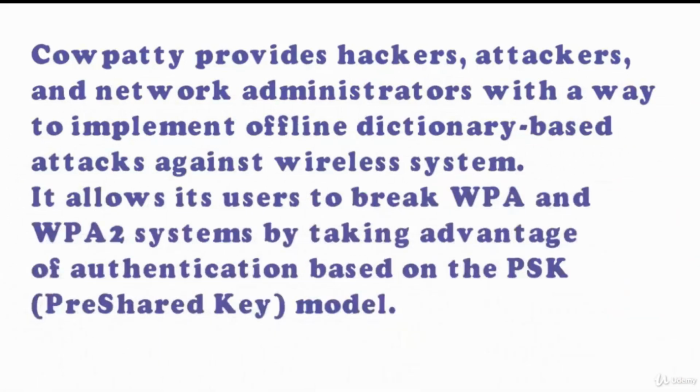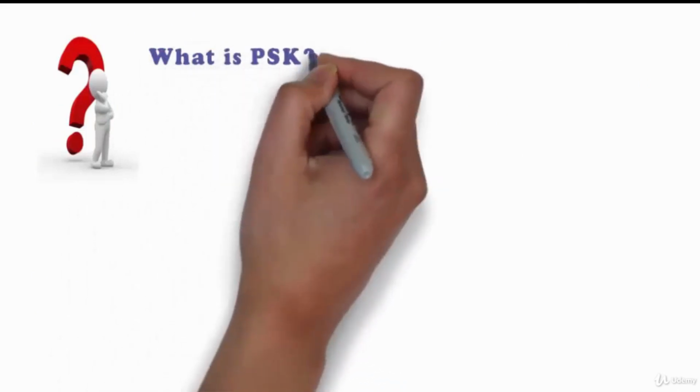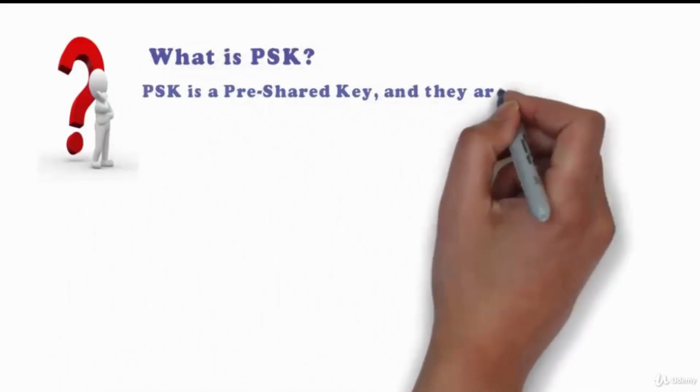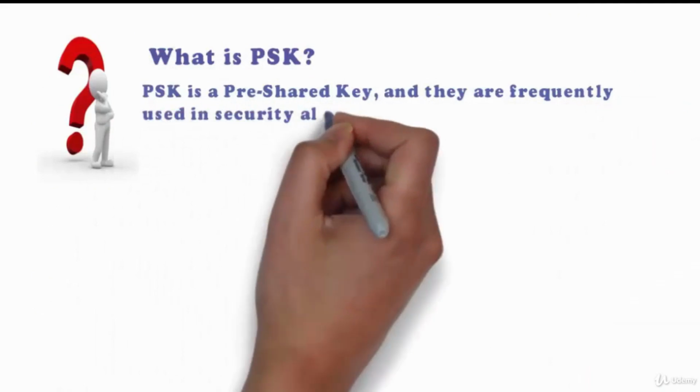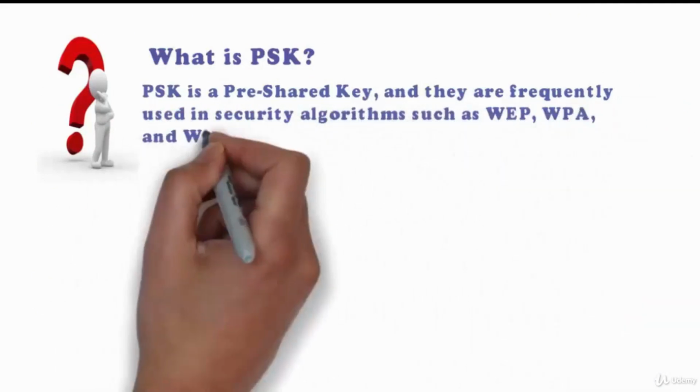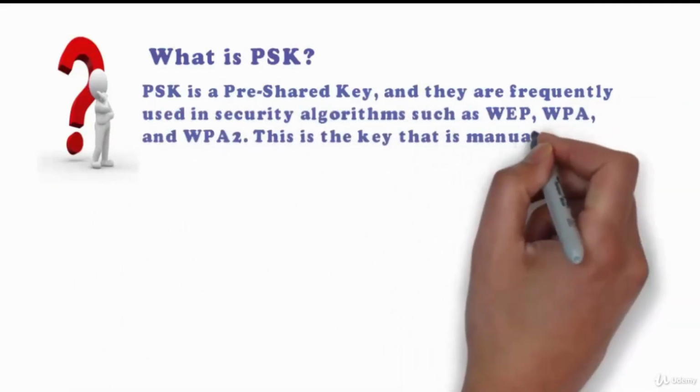Cowpatty provides hackers, attackers, and network administrators with a way to implement offline dictionary-based attacks against wireless systems. It allows its user to break WPA2 systems by taking advantage of authentication based on the PSK, meaning pre-shared key, model. Now the question arises, what is a PSK? Well, a PSK is a pre-shared key, and they are frequently used in security algorithms such as WEP, WPA, and WPA2.